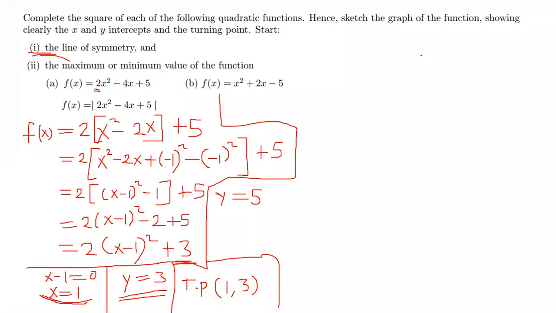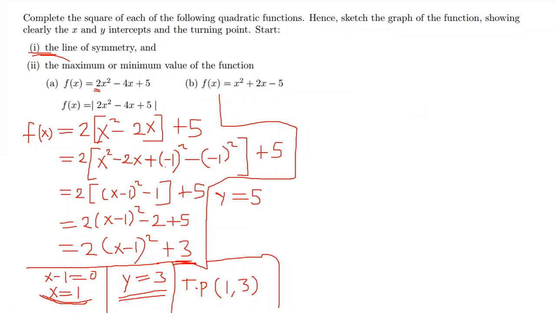In other words, when you are sketching the curve like this, since it's a minimum, it's going to be like this. When it comes out like this, this part here where it's cutting the y-axis is the one that we call the y-intercept. So we have found the y-intercept.